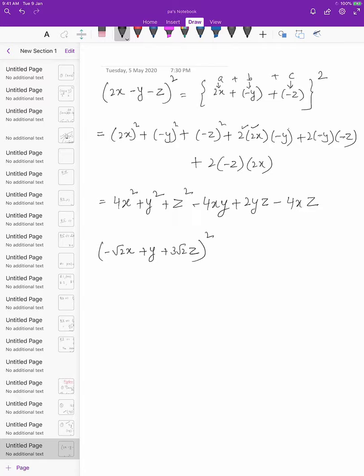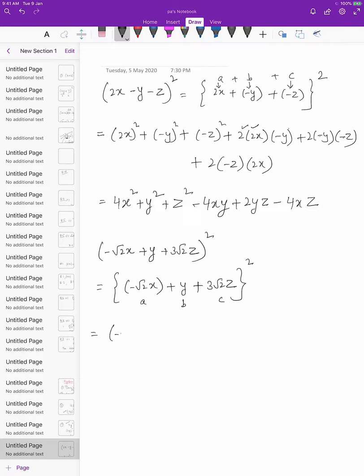You just have to follow the pattern of the identity (a + b + c) whole square. So what can you write this as? (−√2x + y + 3√2z) whole square. So this is my a, this is b and this is c.